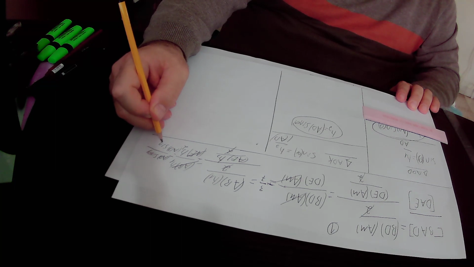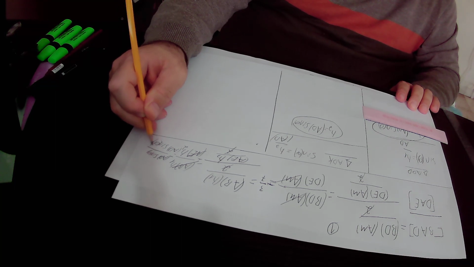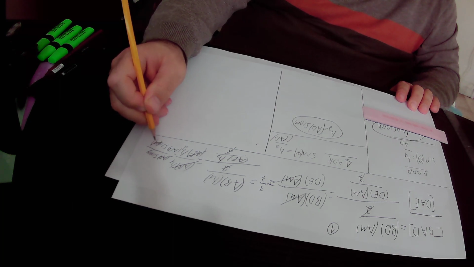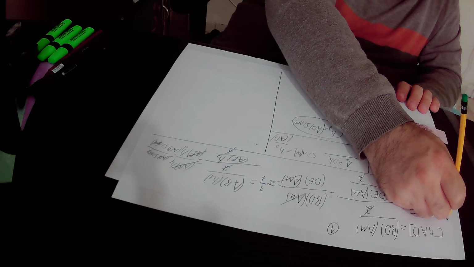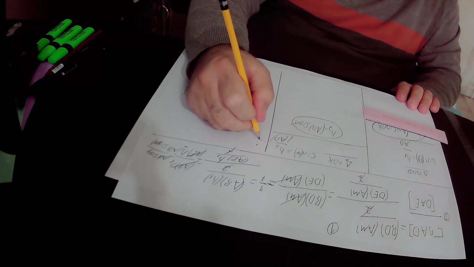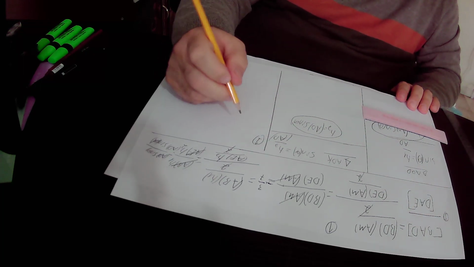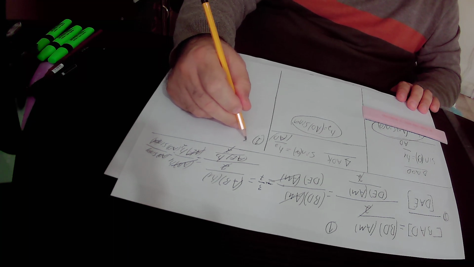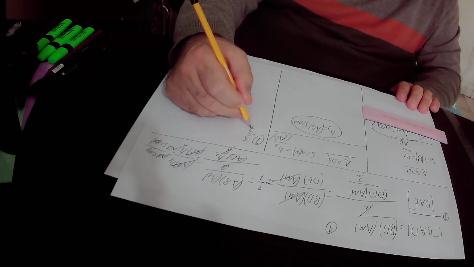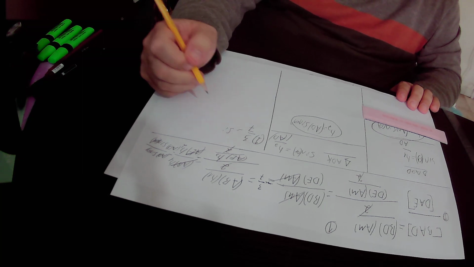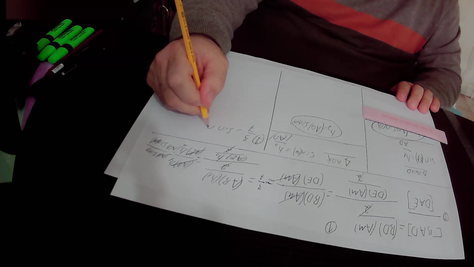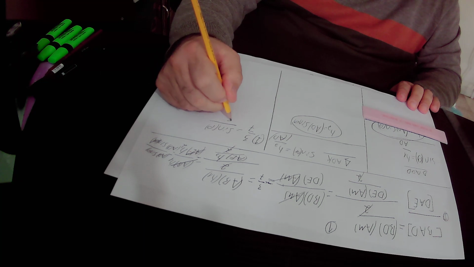So in conclusion, we found that according to equation number 1, 3 over 7 is equal to sine theta over sine alpha.